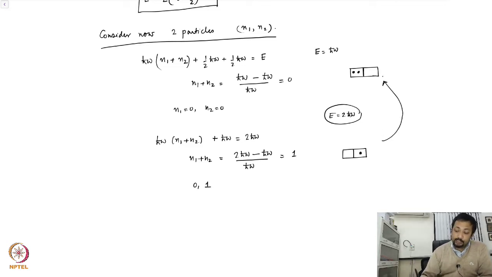In this particular case, this is a direct contrast, because in this particular case what you had was you were not allowed to put anything in this. So effectively, as if even though you have two boxes, you have 0 particles to play with, right?